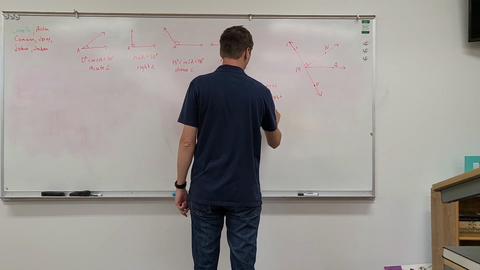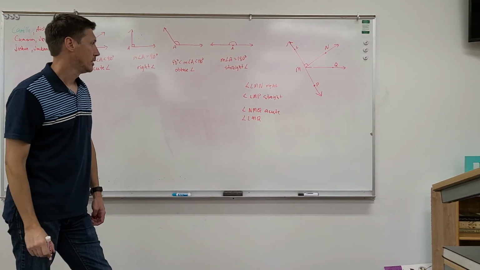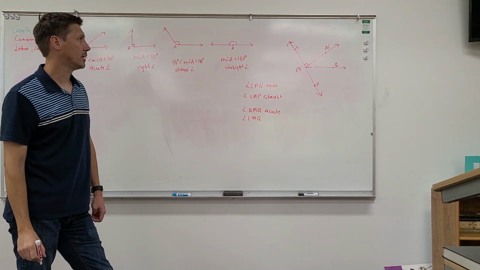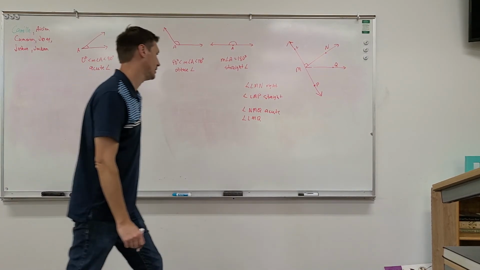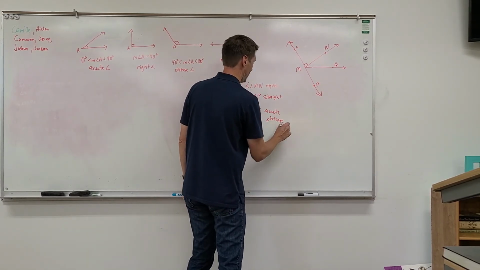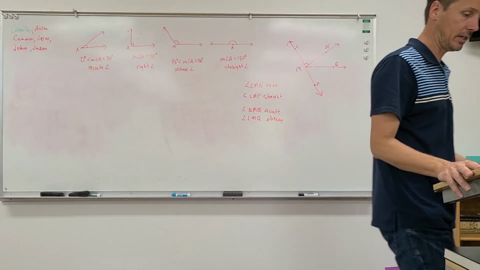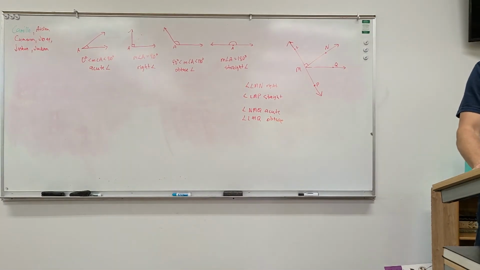That was easy to remember, right? A cute one. And then LMQ is the obtuse. It's the heavy set one, right? So obtuse, a little bit more space in there. But it's still small compared to the straight angle, so it's always a bigger fish.